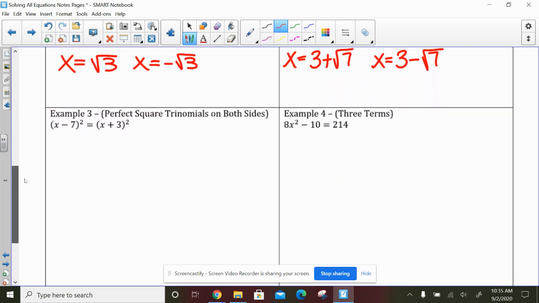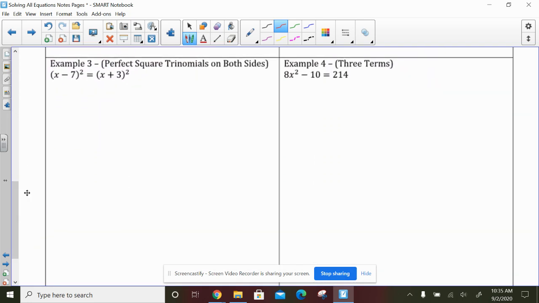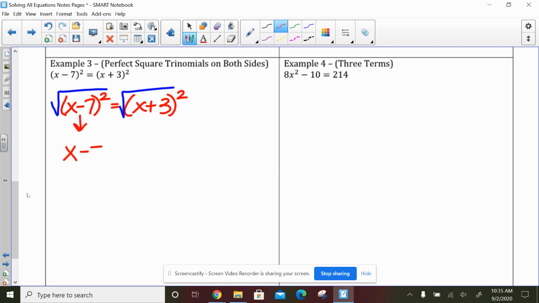Okay, so let's look at example 3. All right, this time I have the perfect square trinomials on both sides. So I can, again, go ahead and just take the square root of both sides. If I do that, all that happens is the x minus 7 drops out, and all that happens here is the x plus 3 drops out.